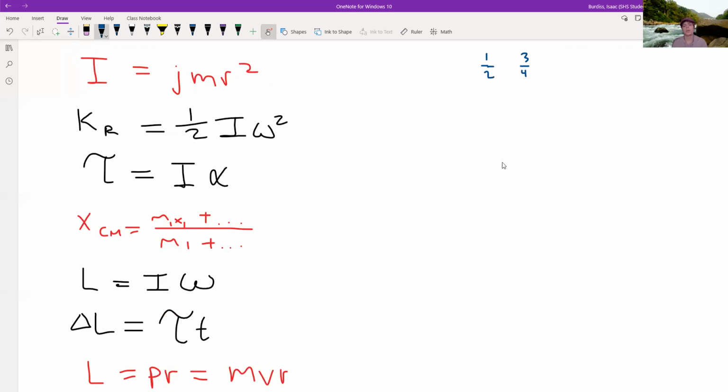Something to remember: when things roll down an incline, if the moment of inertia equation has a J that is bigger, then it will take a longer time and will have a greater velocity at the bottom. Oh wait, never mind.